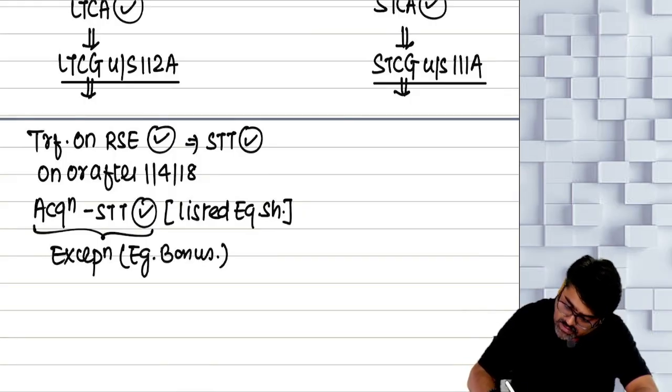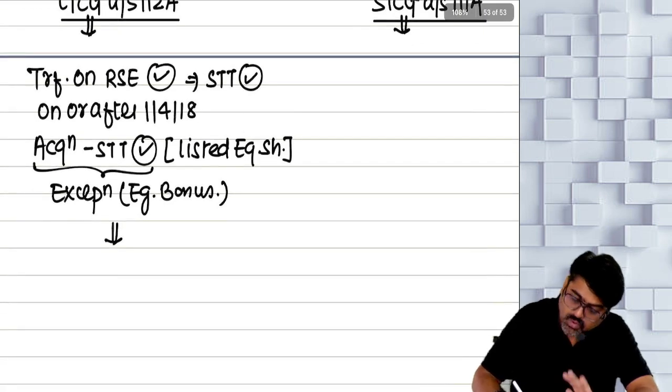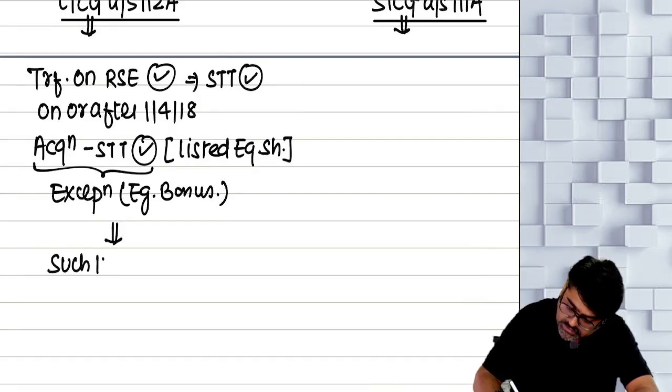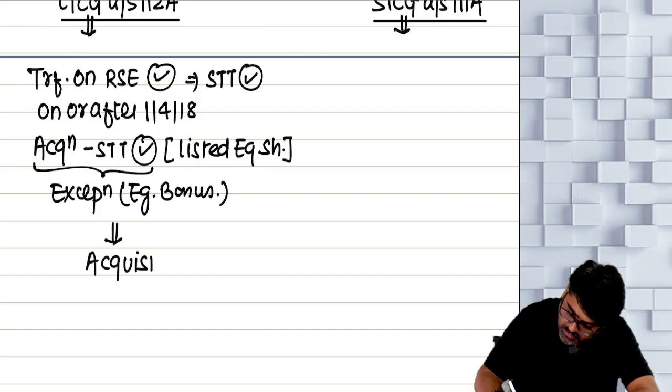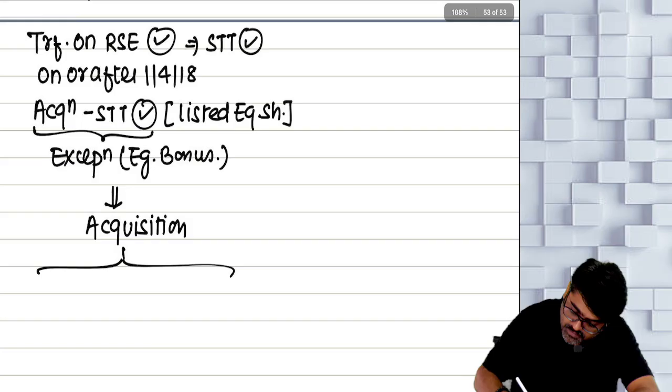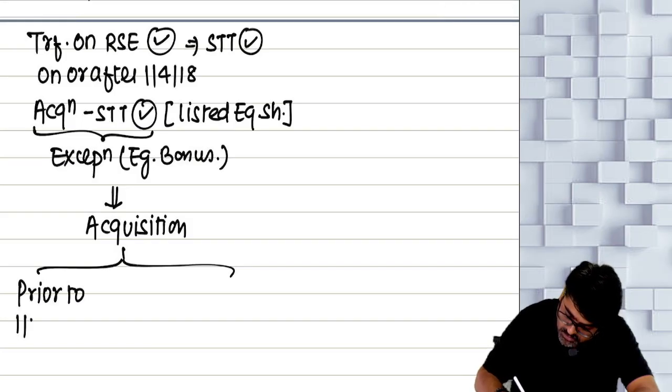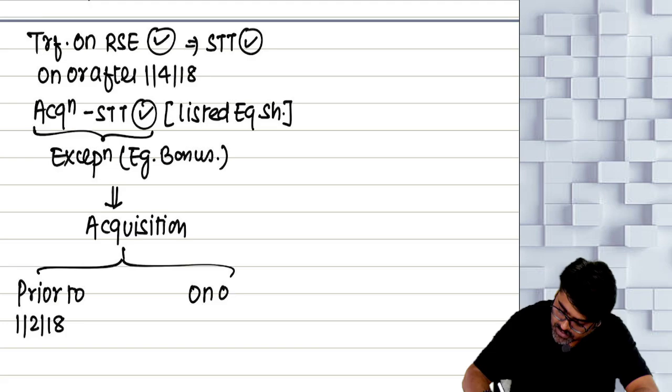Now see, whenever you calculate this long-term gain, exceptions like example bonus, okay? Now whenever you are going to calculate the capital gains over here, you always have to see that such listed equity shares, if the acquisition was prior to 1st of February 2018, or acquisition can be on or after 1st February 2018.